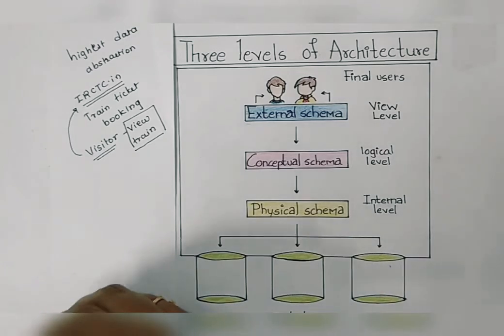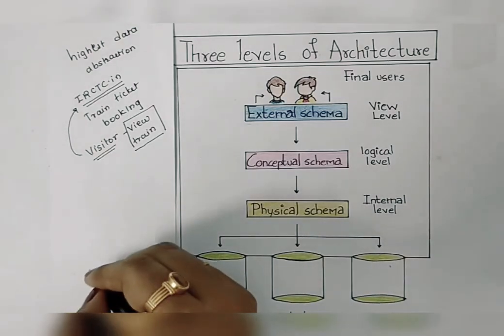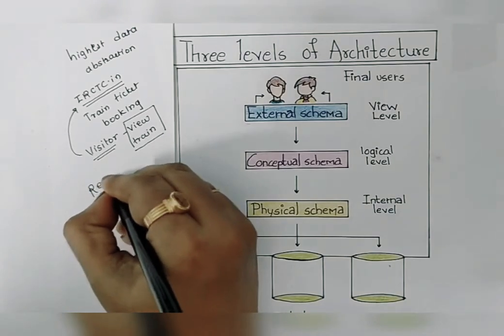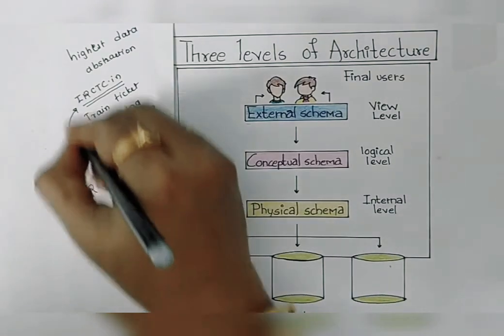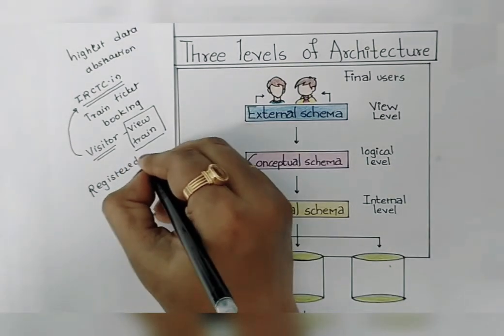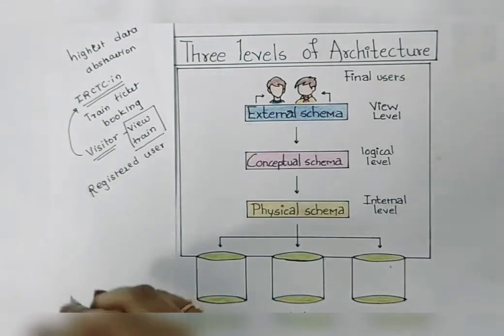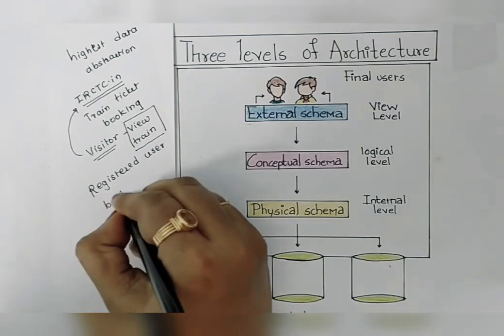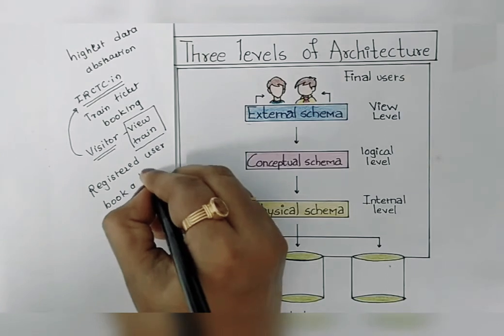But if anyone wants to book a train ticket, he has to register in this website. So we can call that person as a registered user. So registered user can book a train ticket.